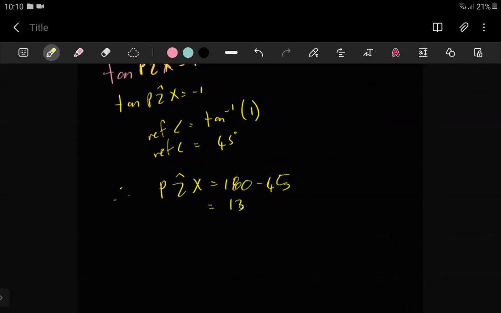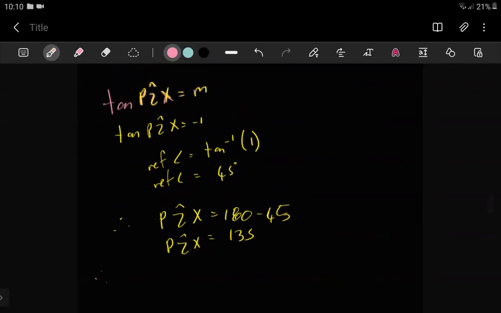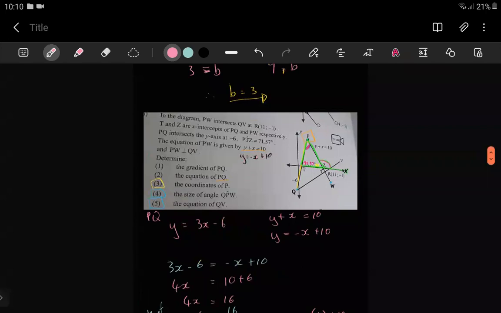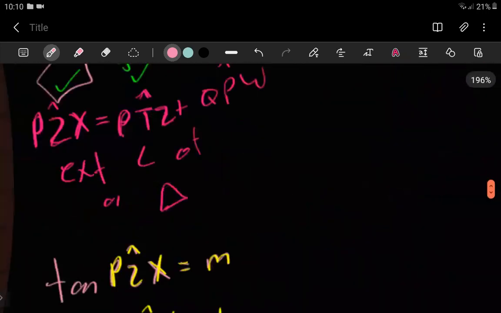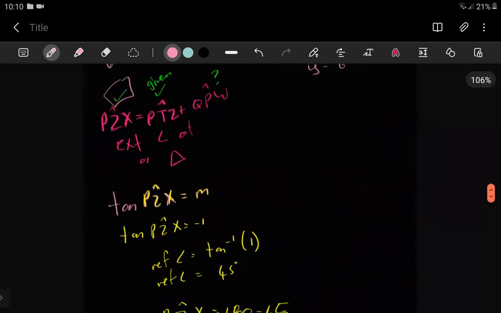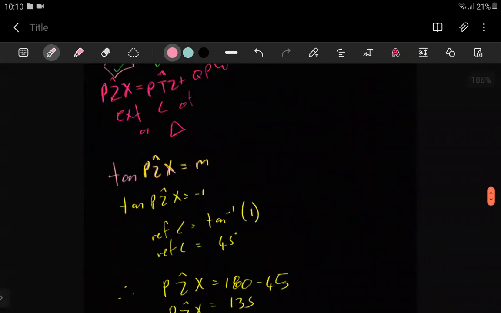And this is 135 degrees. So as long as you have PZX, you can then say therefore the 135 is equal to 71.57 plus the missing angle, which is QPW.